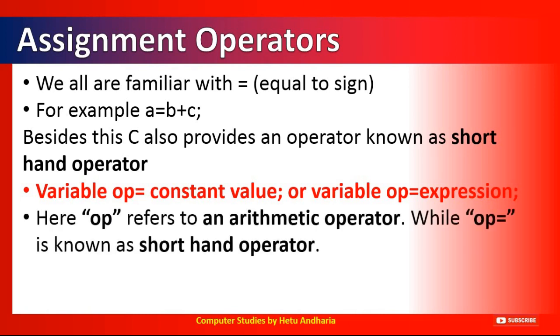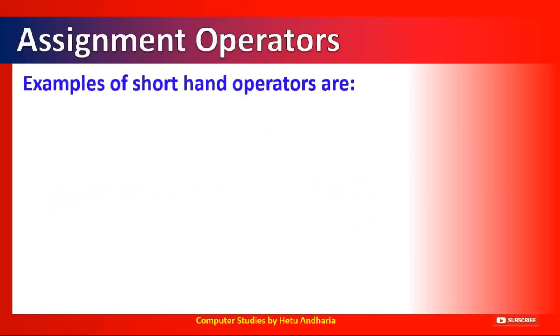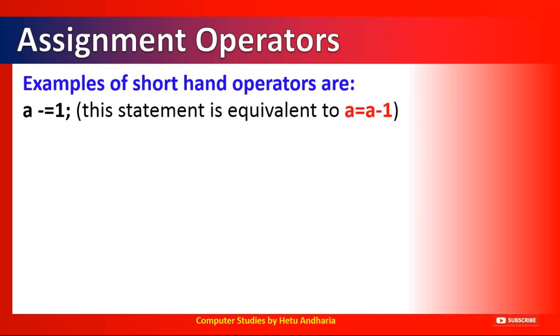Here OP refers to an arithmetic operator, while OP is equal to is known as the shorthand operator. It could be asked in the MCQ. This is known as the shorthand operator, and this refers to the arithmetic operator. Fine. So I will clarify what it is. It's very easy to understand with an example. If I write here A minus is equal to 1.